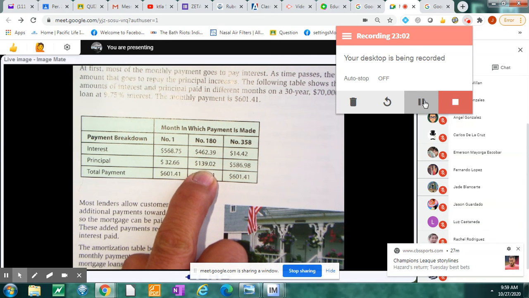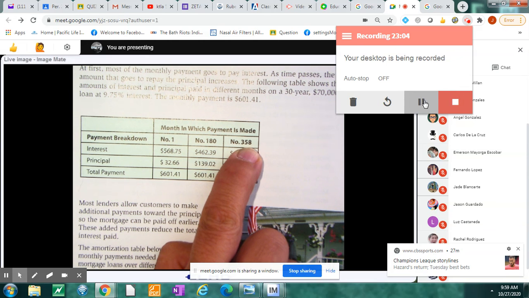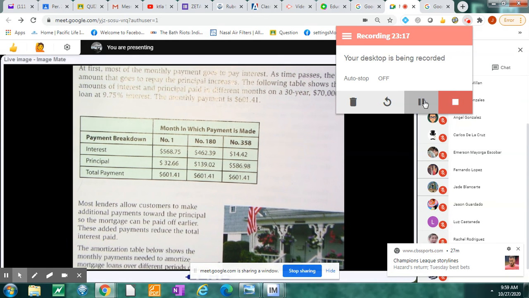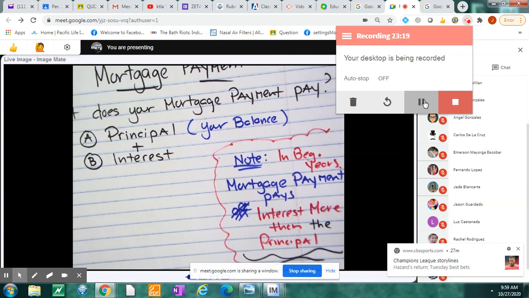And after like 20 years, your interest is $14, and you're paying a lot more to the principal, to your house. But you're still paying the same amount. So why do you think they're doing that? Because they want to make money at the get-go. So that's basically it.